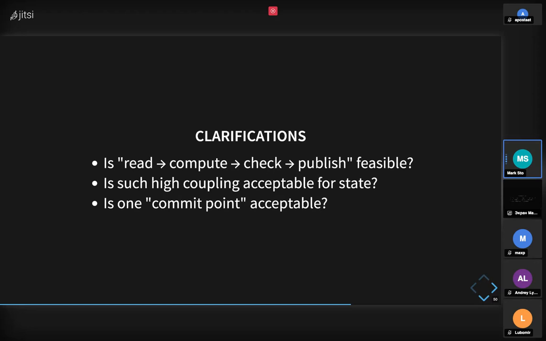Does such a unit of change become an architecturally unacceptable coupling point, when any change to the format or life cycle of a part of the state requires touching the common root and the common update paths? And most importantly, are the consequences of one such commit point acceptable?